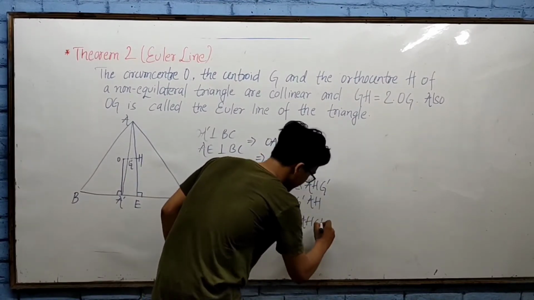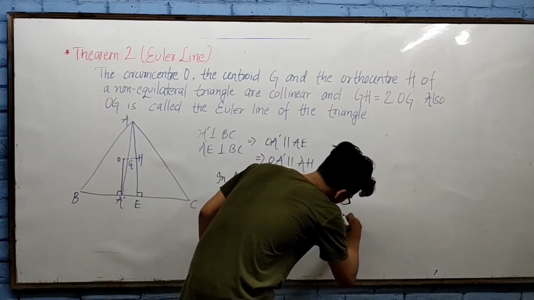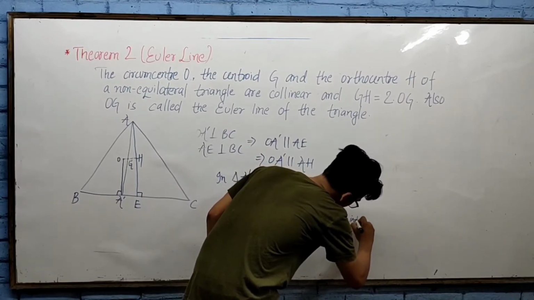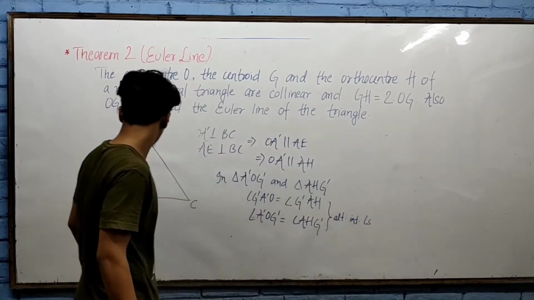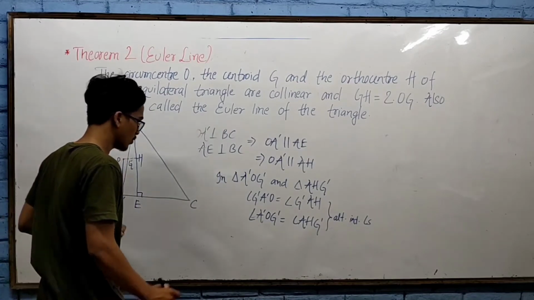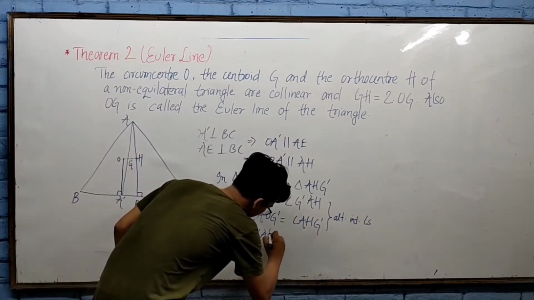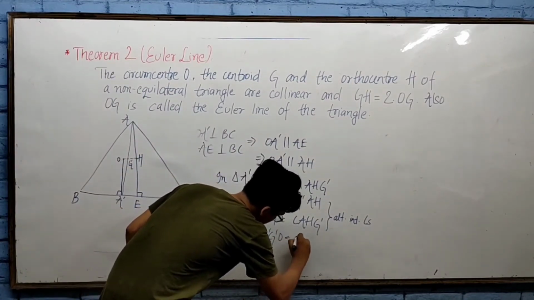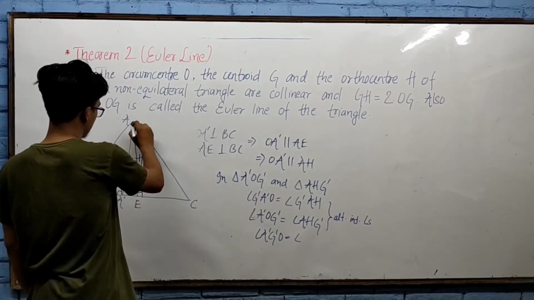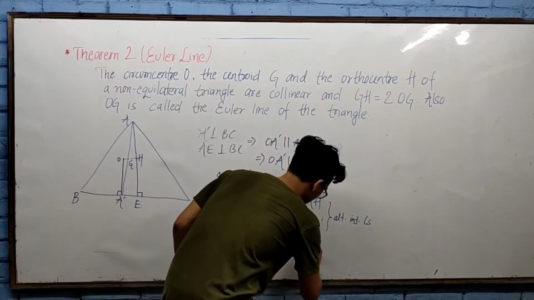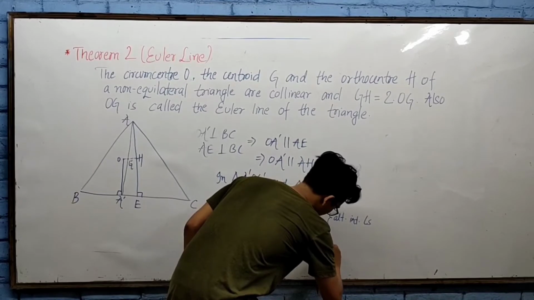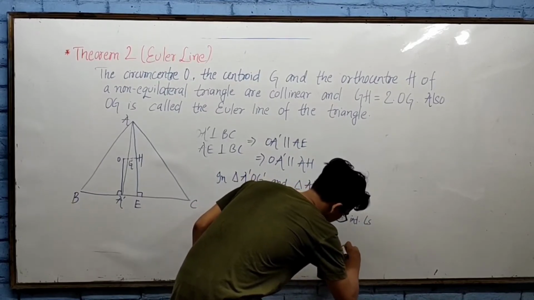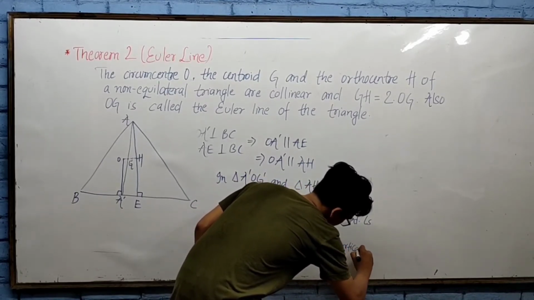Same, alternate interior angles, and angle A dash G dash O equals angle AG dash H, since these two are vertically opposite angles.